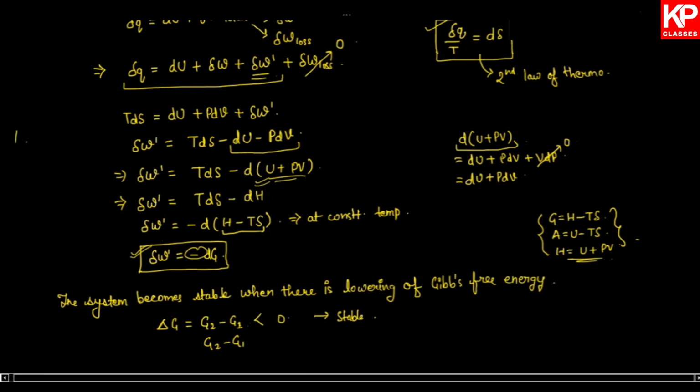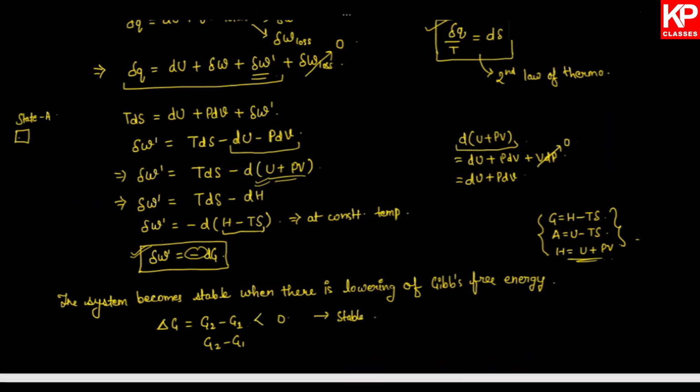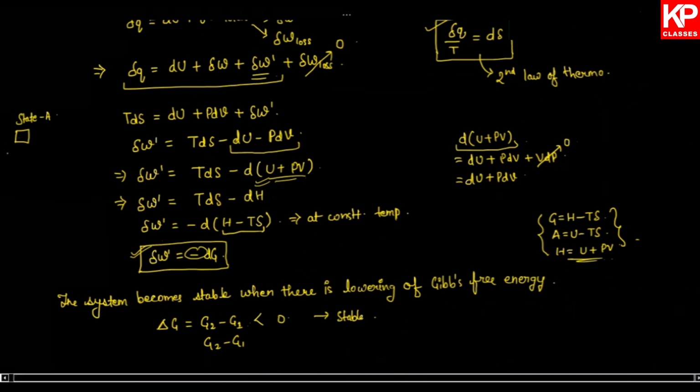Suppose there is a system, say at state A, which has more energy. The system becomes stable when all the energy present in the system is taken out of the system, right? So definitely based upon the energy curve, this system will be stable when a lower amount of energy is present inside. So if this is state 1 and this is state 2, based upon the energy curve, this here is basically the energy.